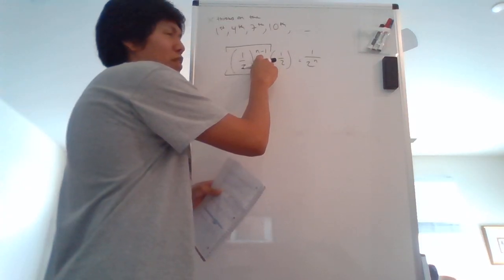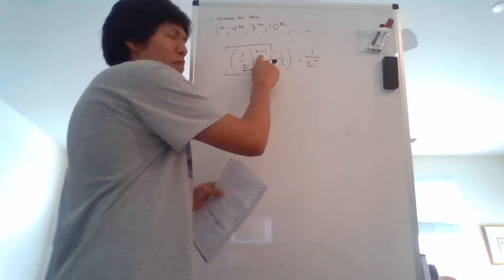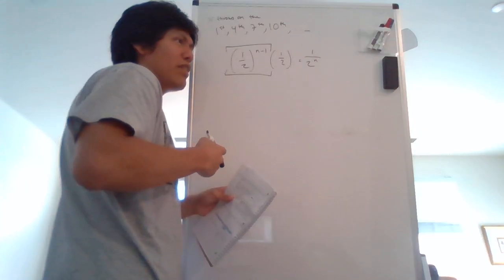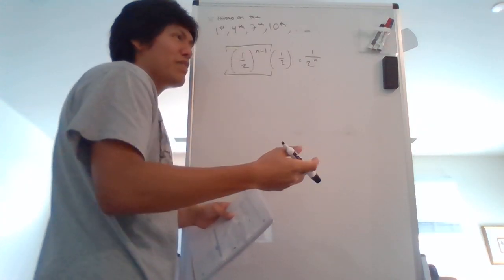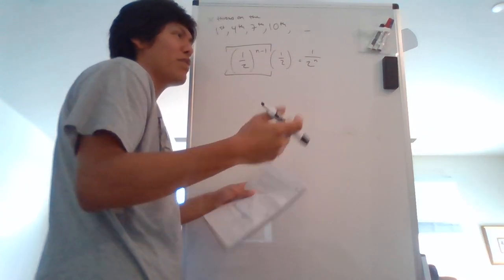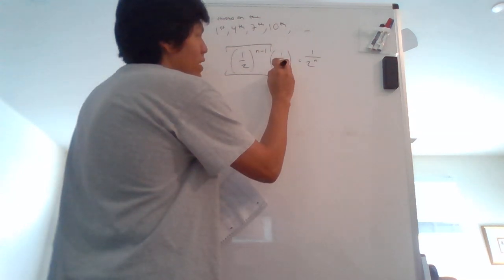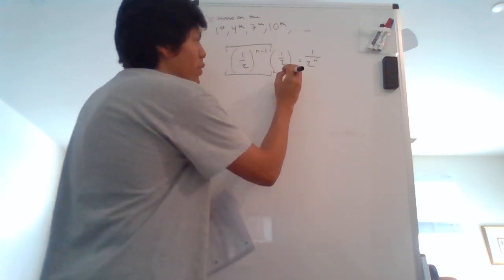This n minus 1, like I said, represents all of the past throws that have been odd. So you throw it once, you get a 1. You throw it a second time, it's a 3. You throw it again, it's another 3. So they're all odd. This 1/2 right here represents the winning throw.